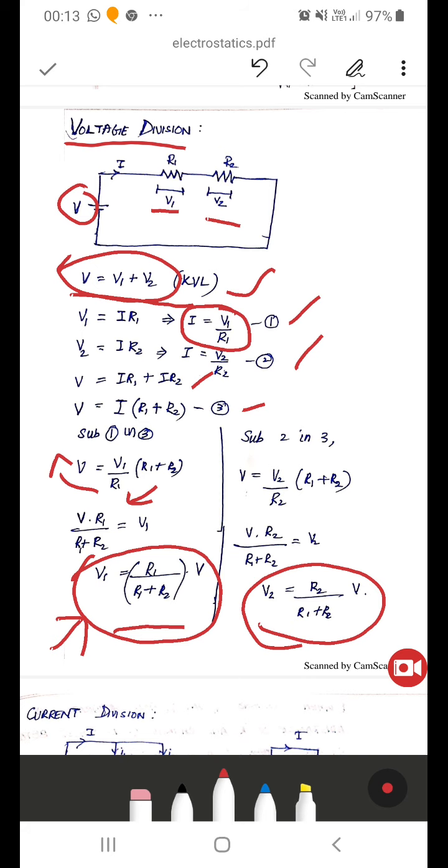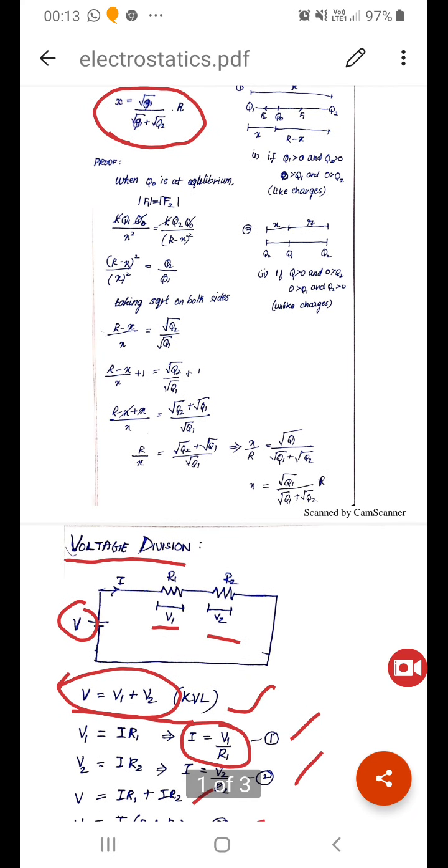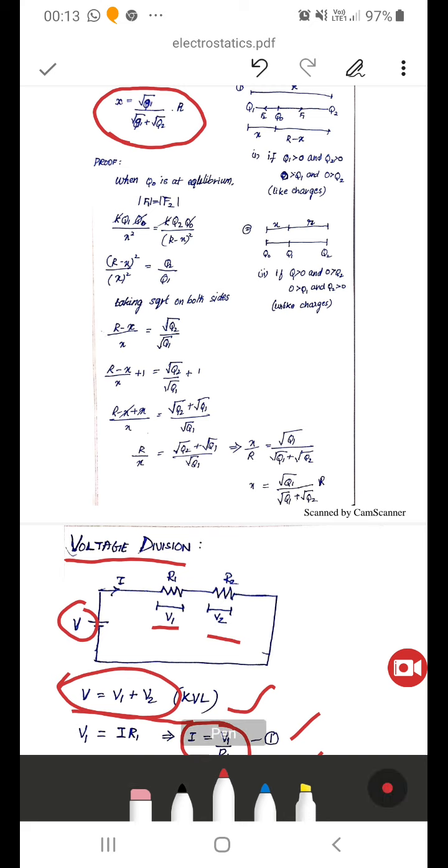This is similar to what we have seen here. Here x is equal to root of q1 divided by root of q1 plus root of q2, into r. Here x is a part of r.